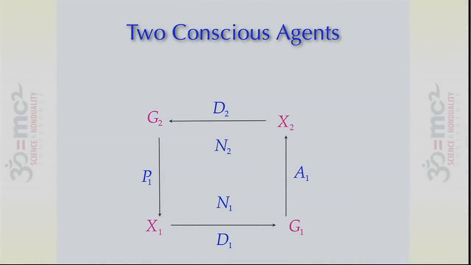So here I have two conscious agents now interacting, and you can see the direction of the arrows. Information is flowing in a cycle around this, and the experience counters keep going around as they interact. The compatibility condition for this to happen is that the actions of one equal the perceptions of the other. So you have a mathematical compatibility constraint for them to interact.